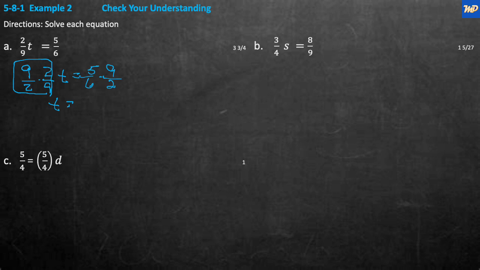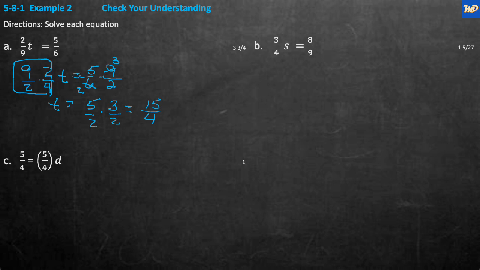And over here, what they want us to do is factor out common factors. Well, there's a common factor here in the 6 and the 9, and that's a 3. So we can divide the 6 by 3 and get a 2, and the 9 by 3 and get a 3. So now the result on this side is going to be 5 halves times 3 halves equals 15 over 4.